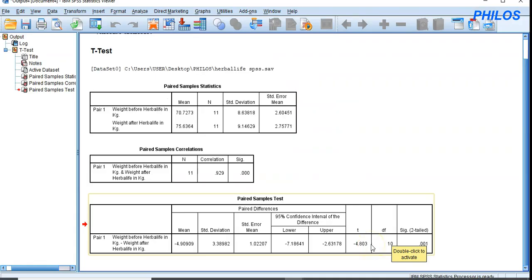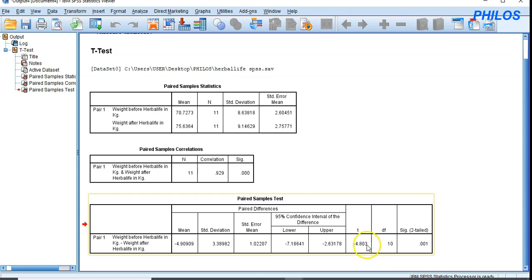Since our critical value is 2.228, let's compare it with the test statistic. Now, to compare it with the test statistic, please take the absolute value of the test statistic. Ignore the negative. The absolute value of the test statistic is 4.803. Now, let's compare the absolute value of the test statistic to the absolute value of the critical value.